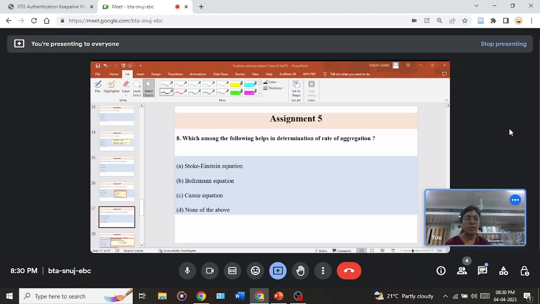Think, you can just think for 1-2 minutes and then we will see what the correct answer is. So you have been given 4 options. A is Stokes-Einstein equation, B is Boltzmann equation, C is Casey equation, and D is none of the above.